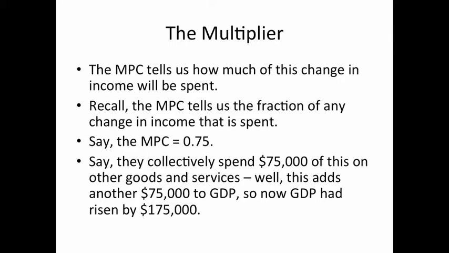Well, if they do that, that's increasing the output of another firm or a collection of firms by $75,000. So there's another increase in GDP. So now GDP's gone up by the original $100,000 plus this new $75,000 increase.